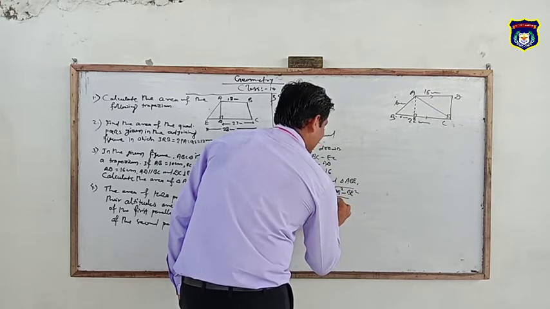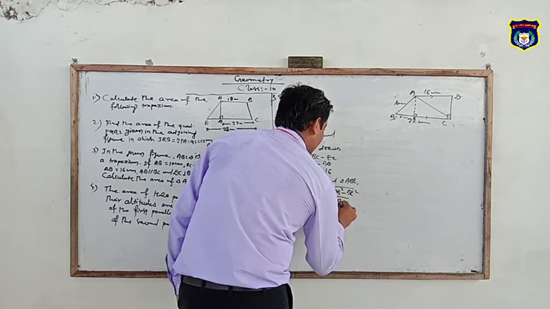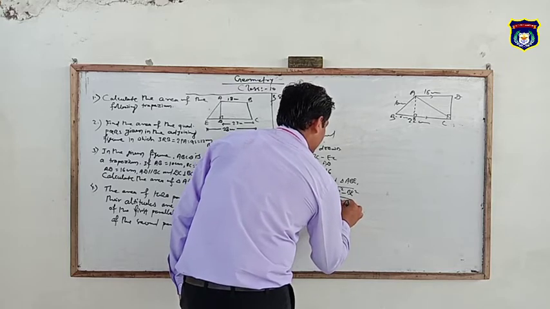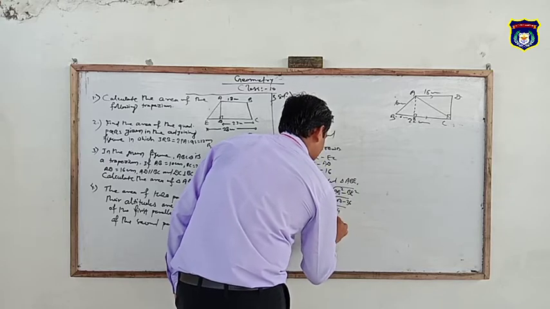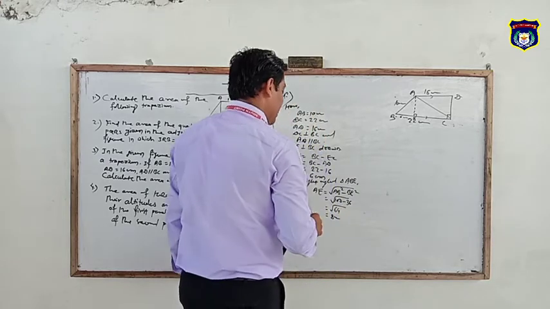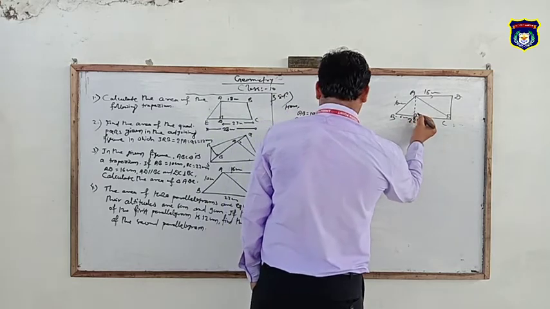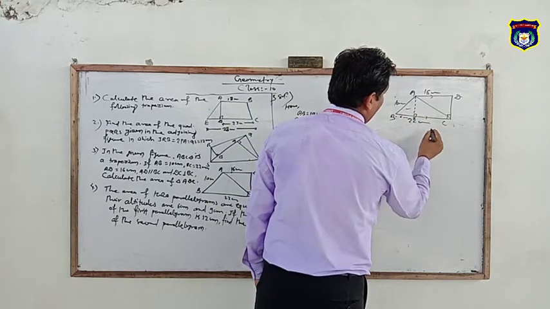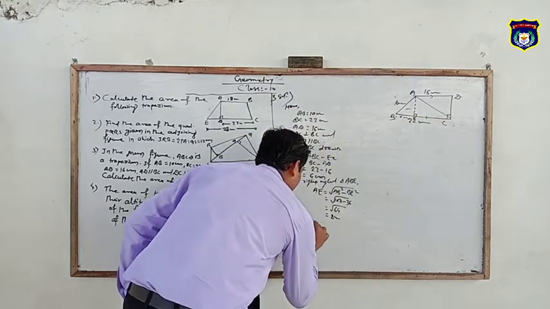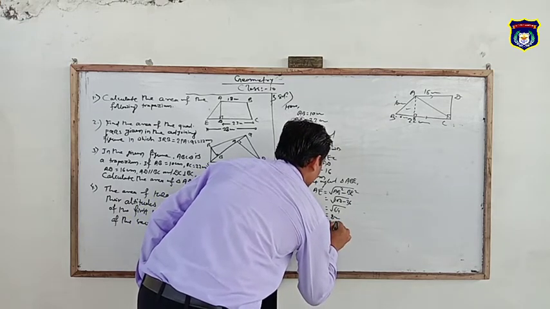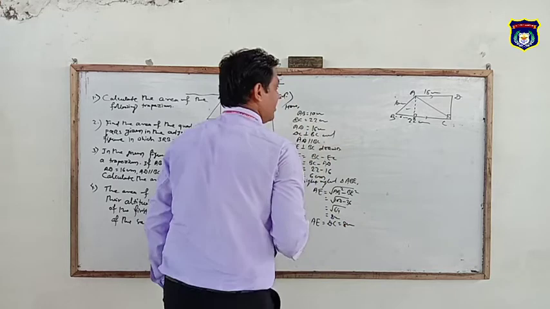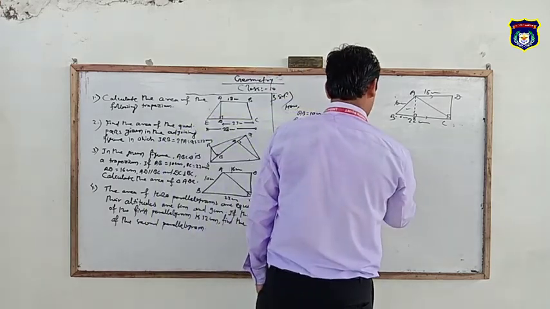AB is 10, so square of AB is 100, and BE is 6, so square of this is 36. 64, root is 8 centimeter. AE is 8 centimeter. So therefore you can write there AE equal to DC is equal to 8 centimeter.